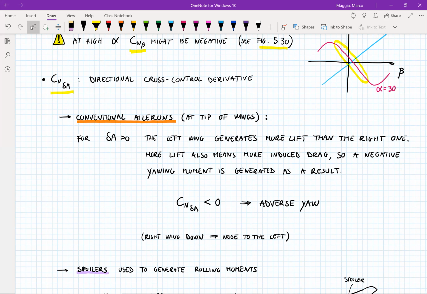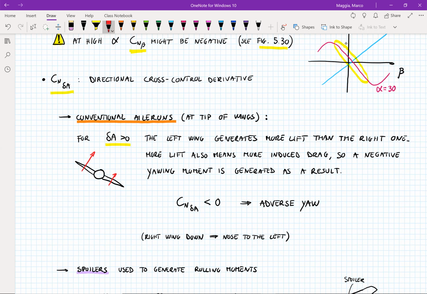Then if we have a positive aileron deflection, which means that the left aileron has a trailing edge that goes down, and the right aileron has a trailing edge that goes up, so we're turning towards the right, that means that we're creating more lift on the left wing than on the right wing.